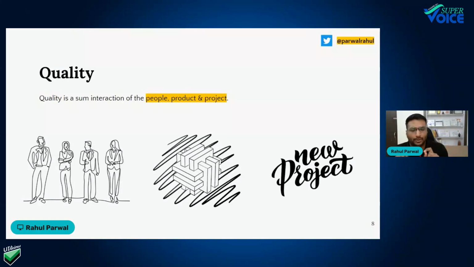And as they say, quality cannot exist without humans. I mean, quality doesn't exist in a non-human vacuum. And every statement of quality is essentially a statement about some person's thought, belief, expectation or value for any person in a specific context.